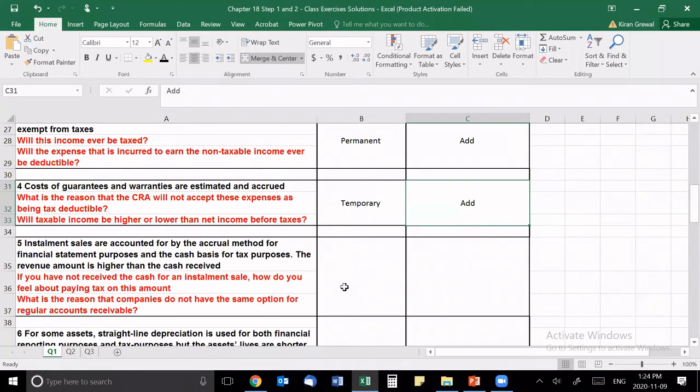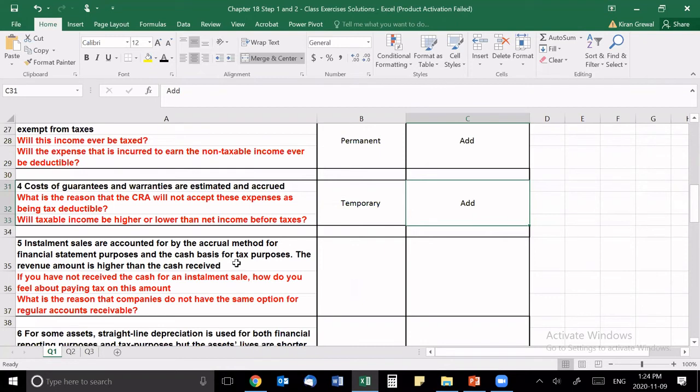Okay, so for number 5, if you're looking, installment sales are accounted for by the accrual method for financial statement purposes and the cash basis for tax purposes. The revenue amount is higher than the cash received. Okay, so we have installment sales, we've recorded the revenue for it, but we can't record it for tax purposes until cash is received.